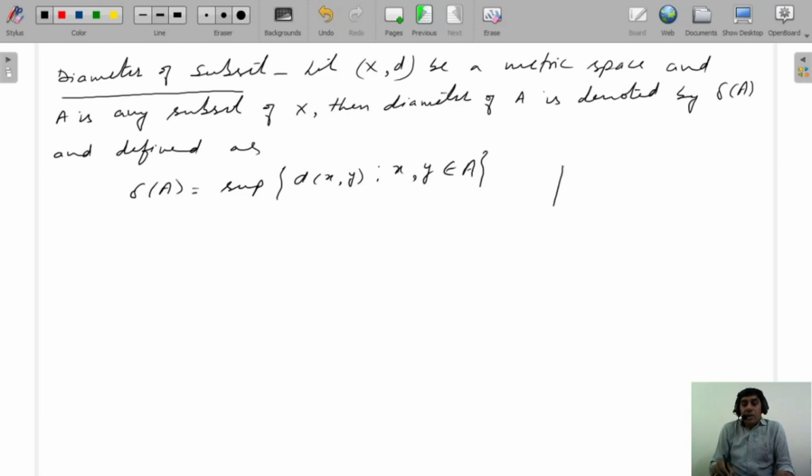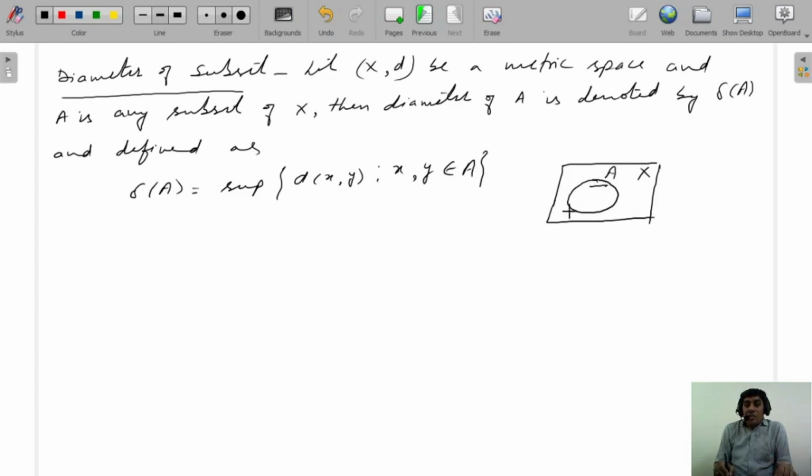Graphically, let the rectangular part is a metric space (X,d). A is a subset of capital X. Then we have to find the distance between the 2 points of A. 1 point, 1 point.